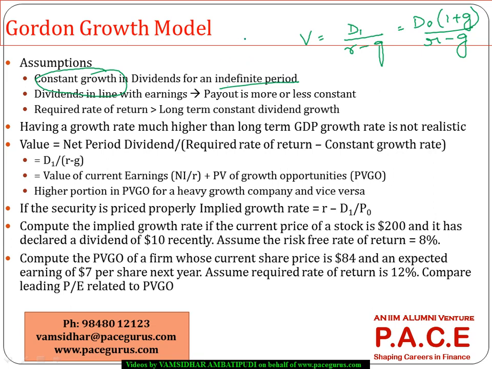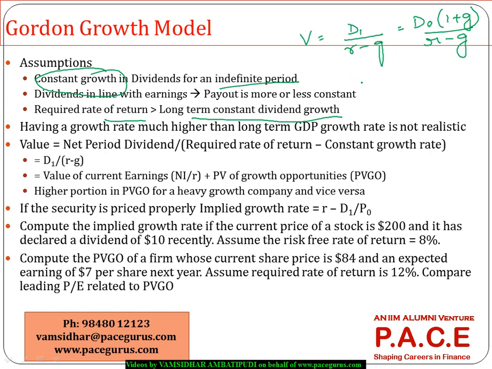Payout is more or less constant, and the required rate of return R is greater than the long-term constant dividend growth. If it is lesser, I cannot use the geometric progression formula for the sum of infinite terms. That's the reason the formula is applicable only when the growth rate is less than the required rate of return.